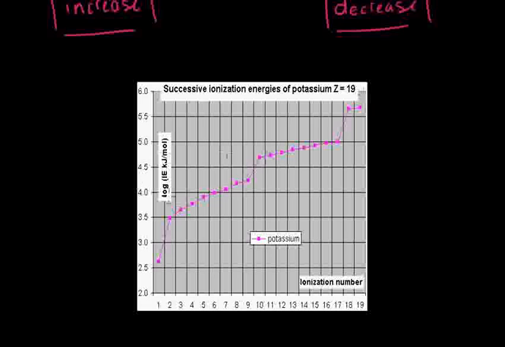And that valence electron is represented by this ionization energy, the first ionization energy. And so we can see that the first ionization energy is much smaller than the second. So as we move up this graph, ionization energy increases.